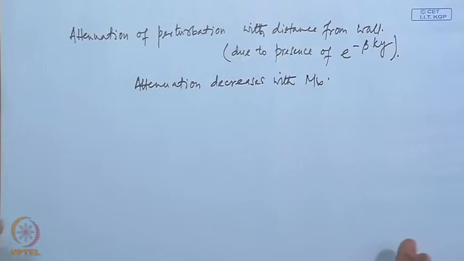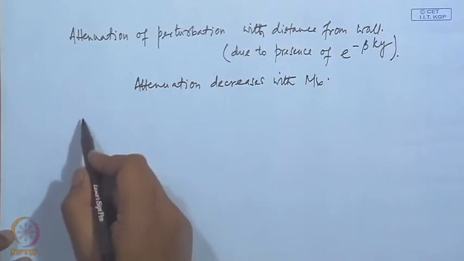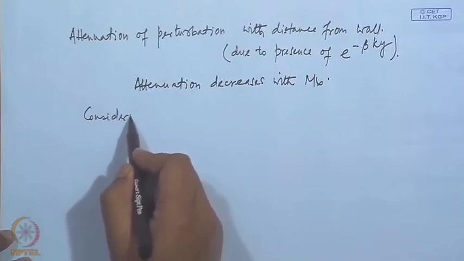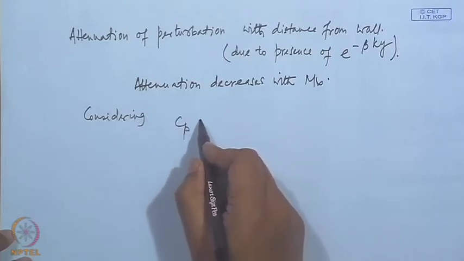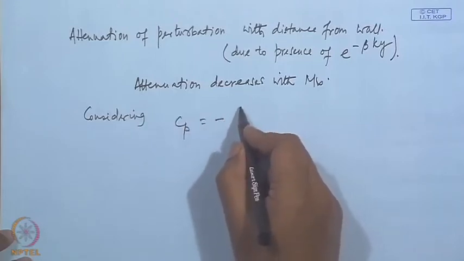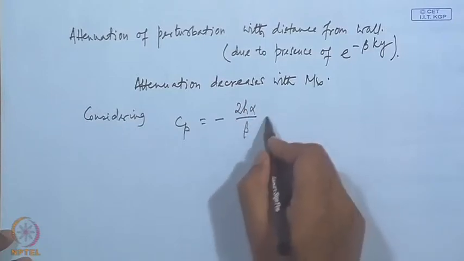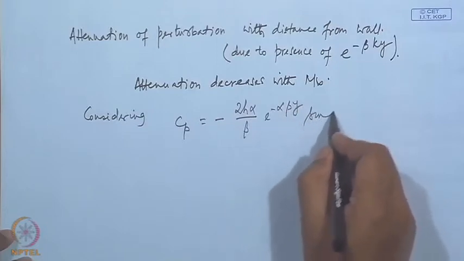Now, considering the pressure term, the pressure coefficient, C p is minus 2 h alpha by beta e to the power minus alpha beta y sin alpha x.